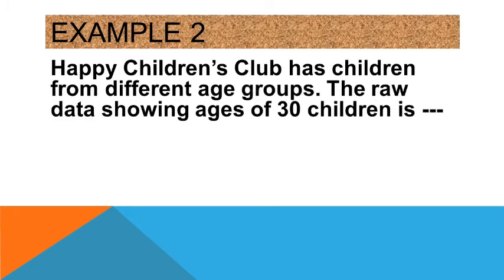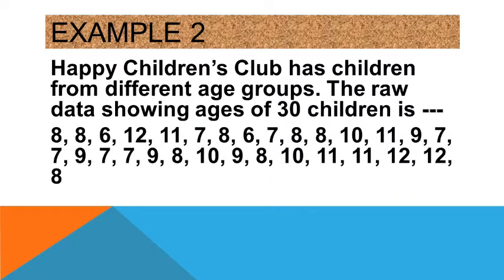Let's take another example. Happy Children's Club has children from different age groups. The raw data showing ages of 30 children is this: 8, 8, 6, 12. What are these numbers? Now, in this example, the number 8 shows the age of a member. Another member has the age of 6.